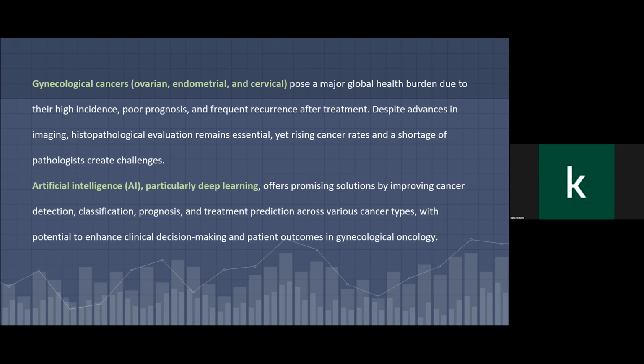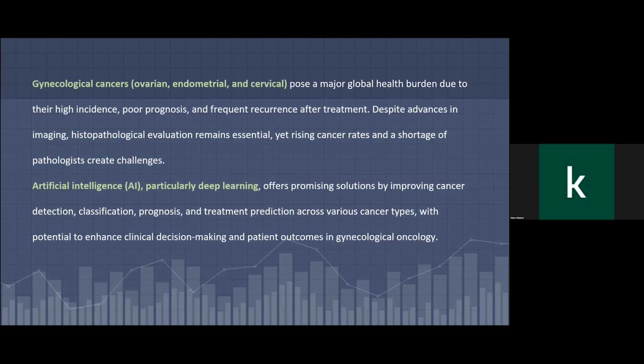So artificial intelligence and particularly deep learning, I'll talk about it a little more, what exactly deep learning is. They're offering some solutions to improving cancer detection and classification and prognosis and also treatment prediction. This is used for different cancer types, including the ovarian, endometrial or cervical cancers.